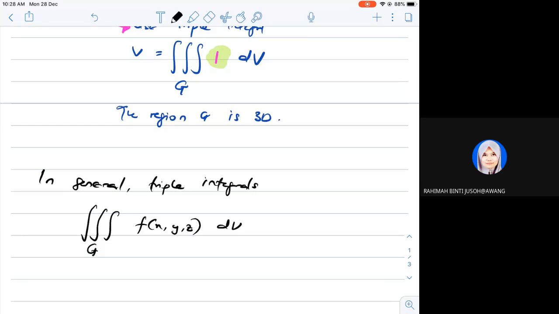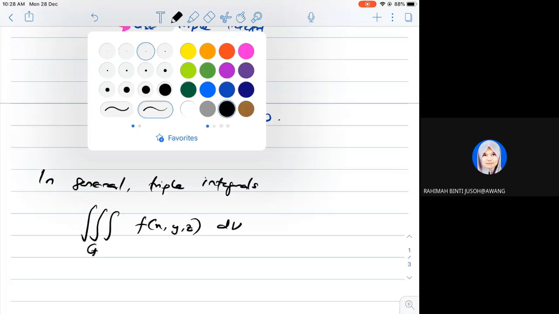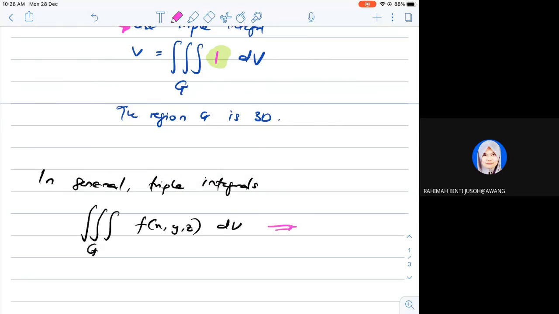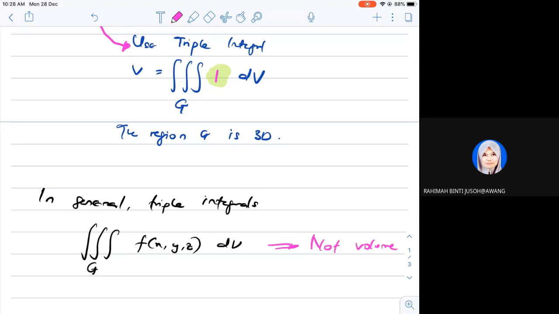Let's say we have this type of integration, it means this is not calculating volume. Why is this not volume? Why, guys? This is not volume. Why?